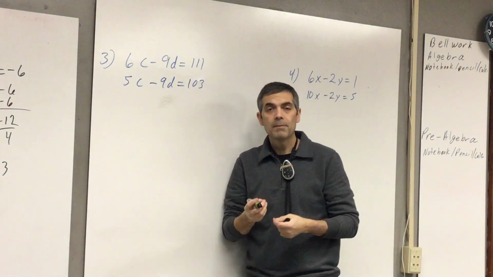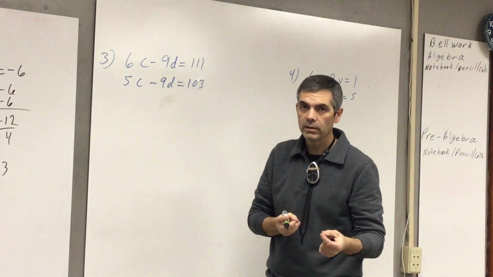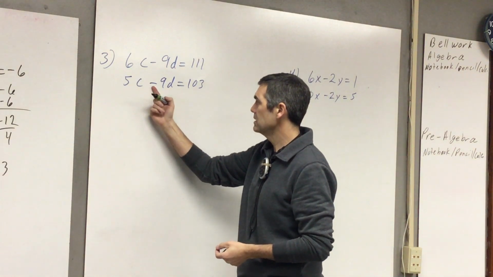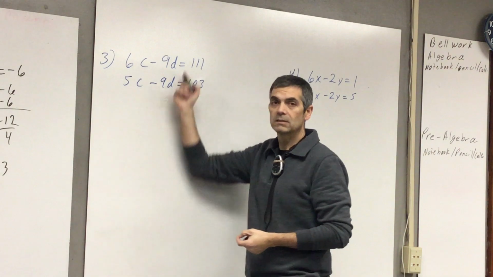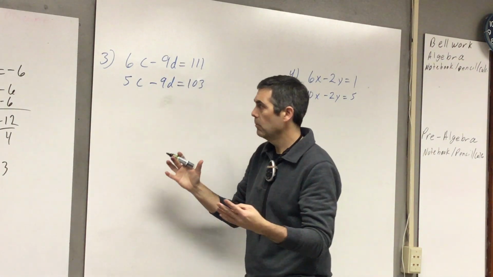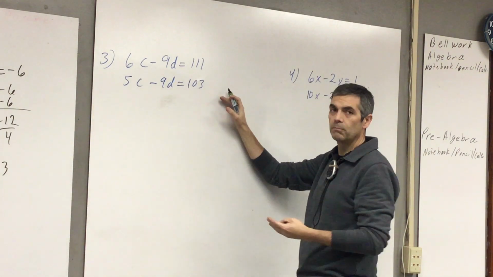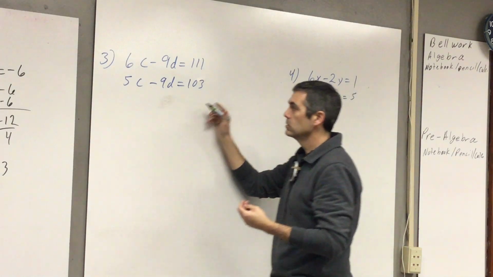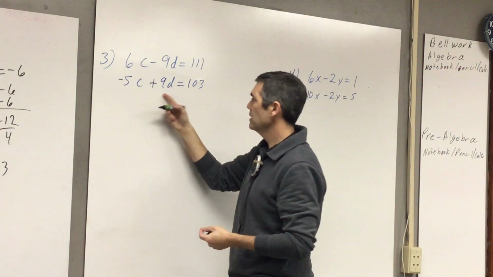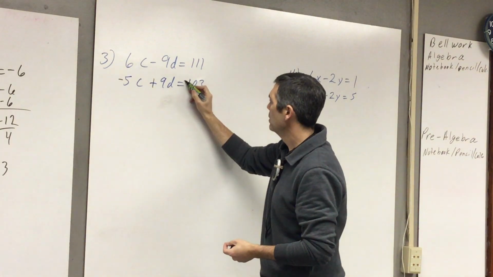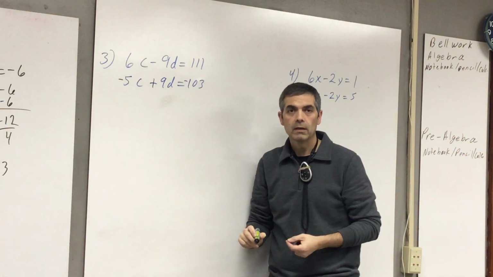But if I change the sign of one of these, if I make this plus 9d, that's going to eliminate this right here. So we're going to multiply all of this by negative 1. So this becomes negative 5c plus 9d equals negative 103.